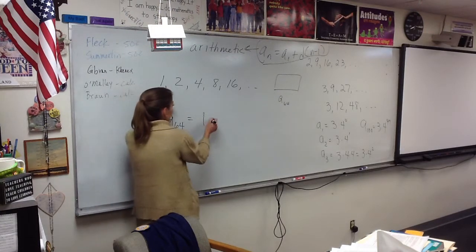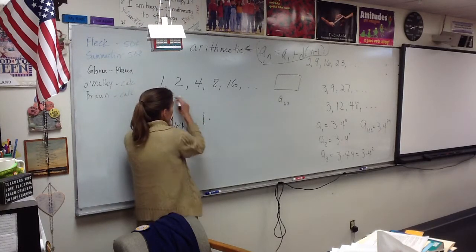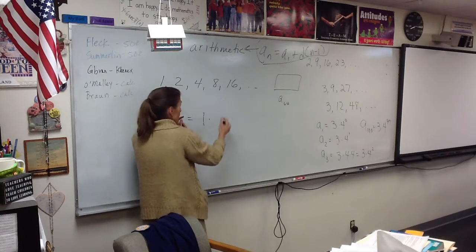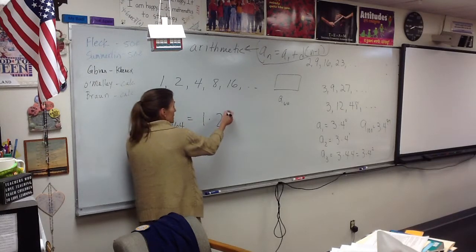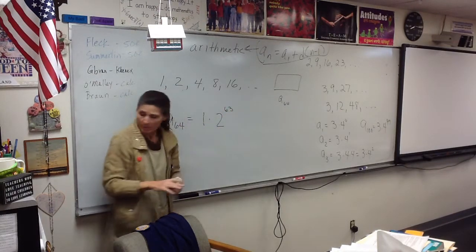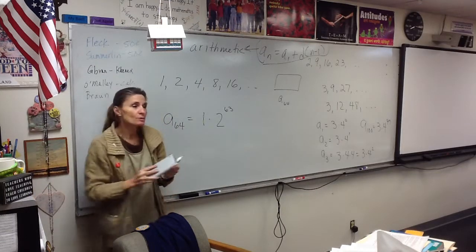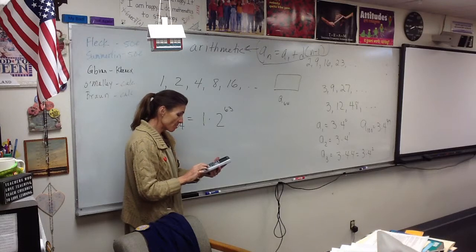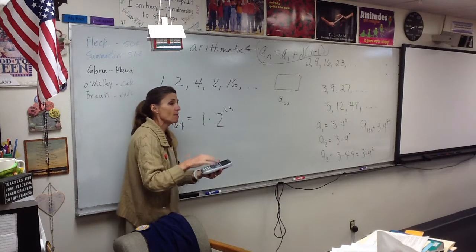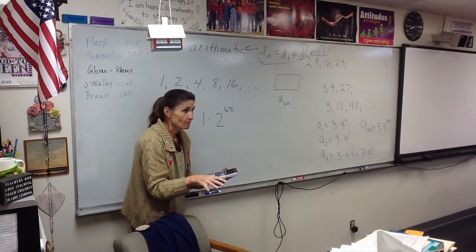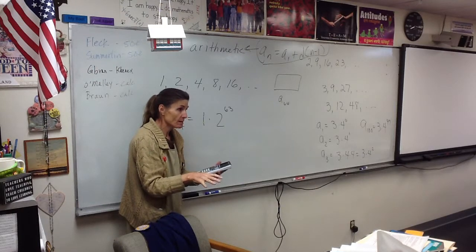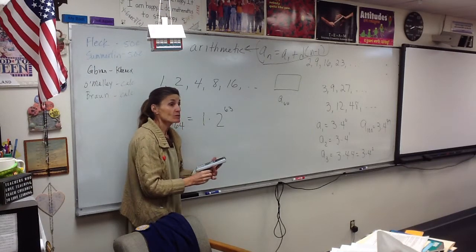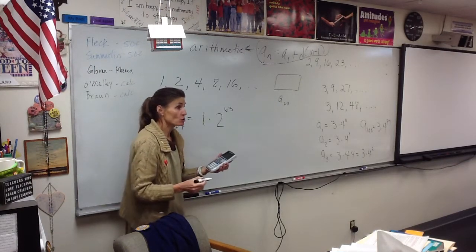The first term is 1 times the ratio, what's our ratio? 2, to the 63rd. Okay, so type in 2 to the 63rd. Keep in mind that represents how many checkers are on that last square. That's a big number. There's a lot of checkers on that last square.